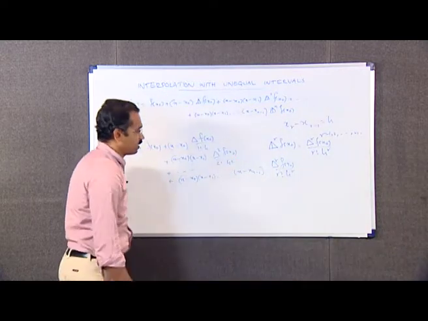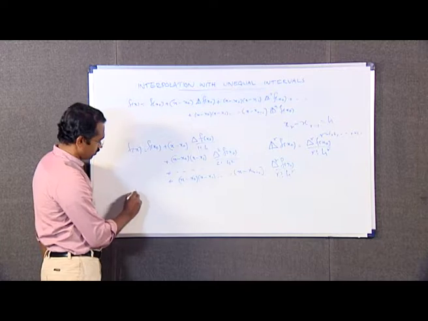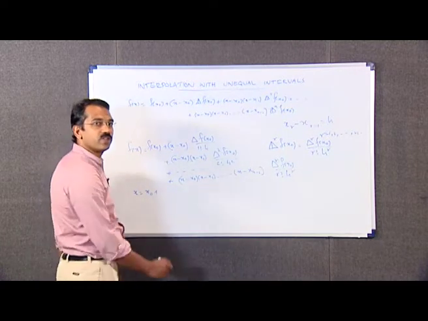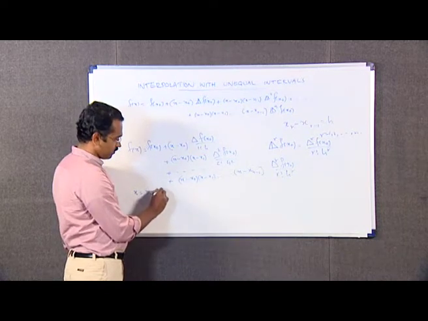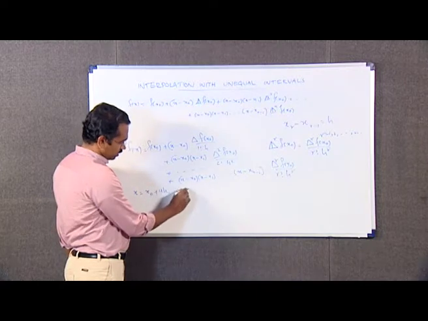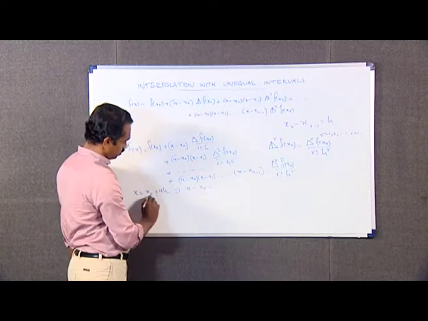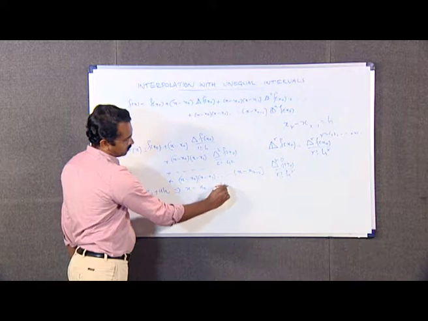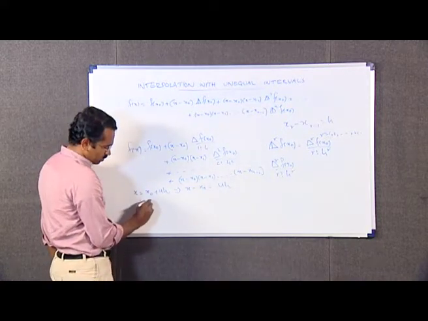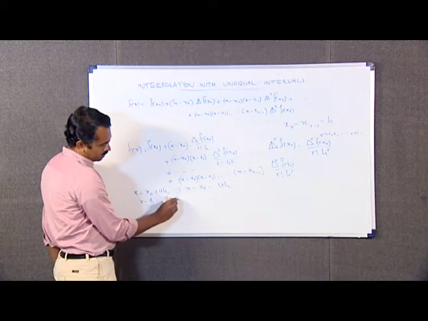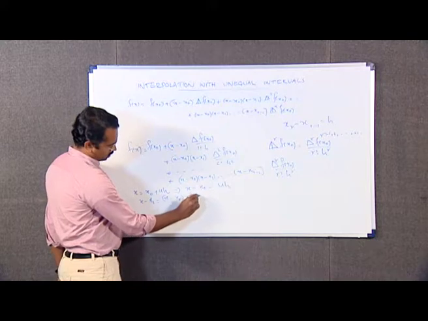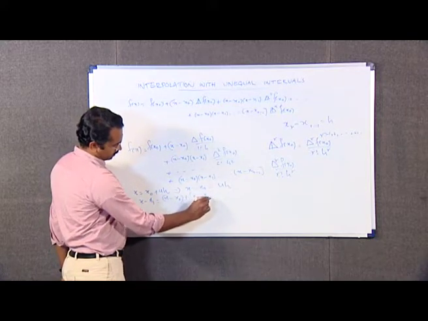If we set x is equal to x naught plus u into h, then this implies x minus x naught is equal to u h. Now, x minus x 1 can be written as x minus x naught plus x naught minus x 1.